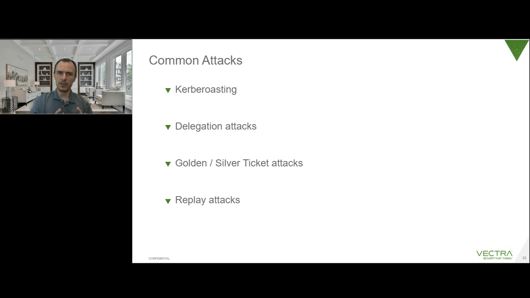Next up, golden and silver ticket attacks. Up there with Kerberoasting, this is probably the most popular, what people are most aware of, if they're knowledgeable on Kerberos attacks. With a golden ticket attack, the adversary has gained control of the KDC service account, and they're able to write their own TGTs.